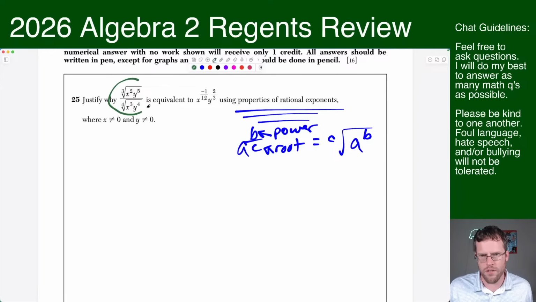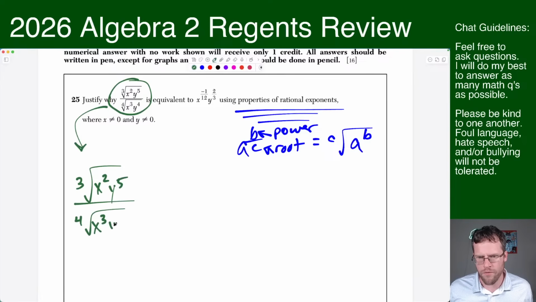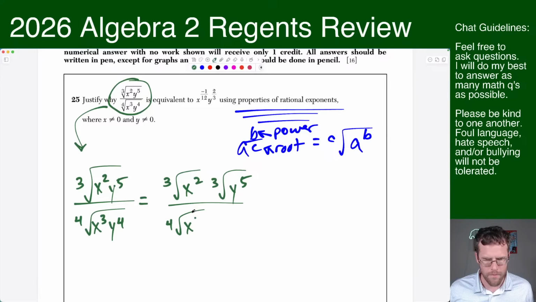So this one here at the start. I could say cube root of x squared y to the 5 over 4th root of x to the 3rd y to the 4th. This is equal to cube root. For one, I could split up a radical too. I could say cube root of x squared times cube root of y to the 5th over 4th root of x to the 3rd times 4th root of y to the 4th.